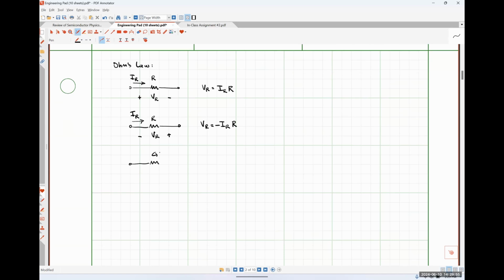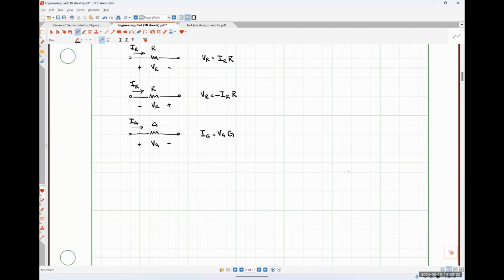So if we have some conductance G, like so, and we apply a voltage drop across the conductance, positive polarity on the left, our current IG is flowing into the positive polarity terminal, then Ohm's law tells us that IG is equal to VG times G. So it's just this exact same thing as Ohm's law, except the current and voltage have switched roles.